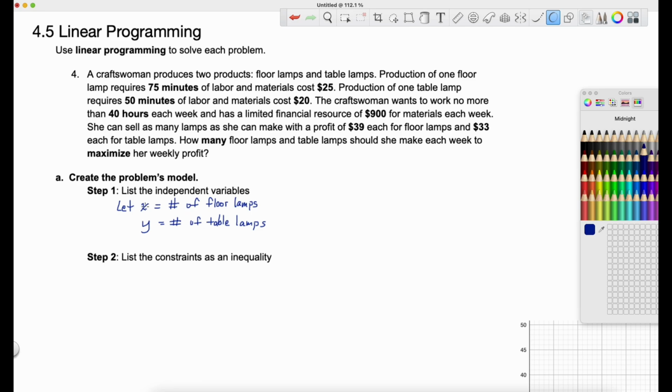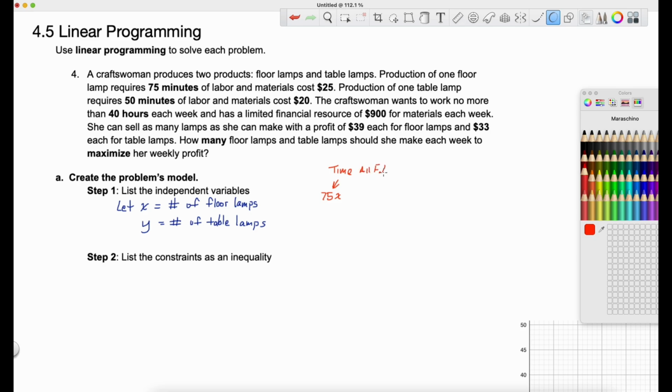Well, one floor lamp we're calling x. So 75 minutes times x is the total time it's going to take in a week to make floor lamps. So this is the time for all floor lamps for the week.